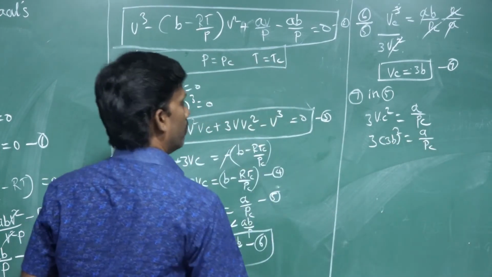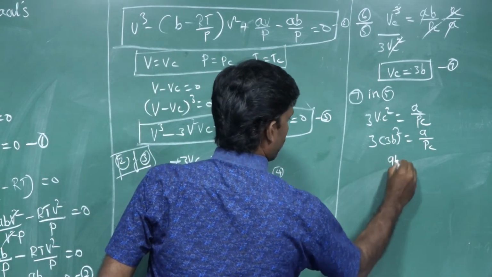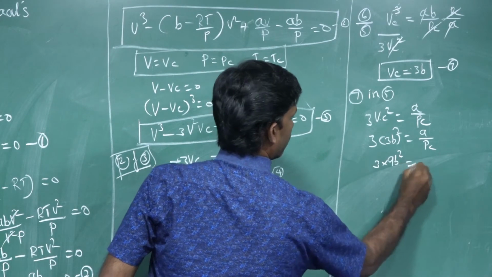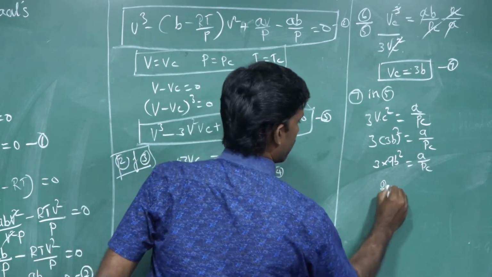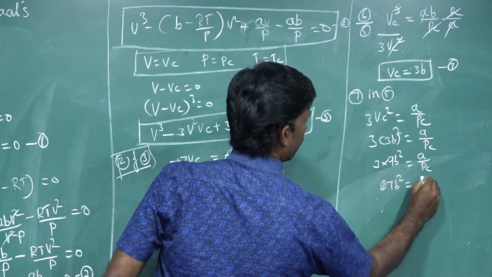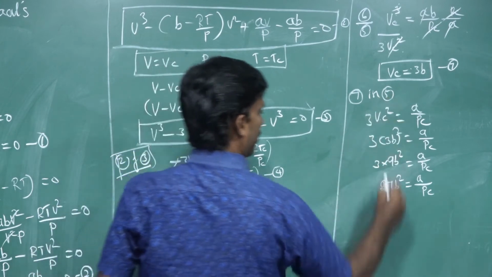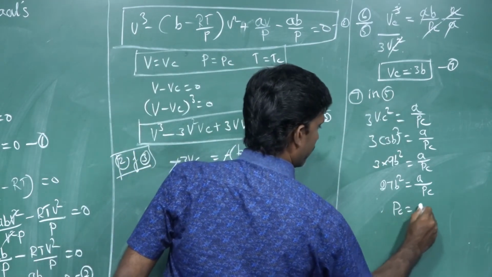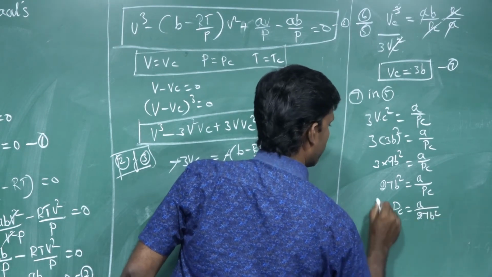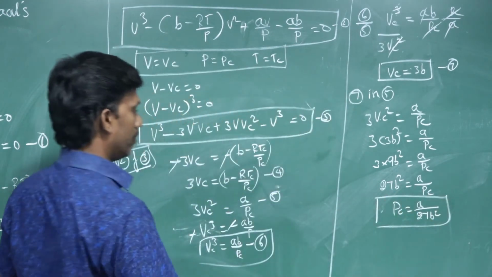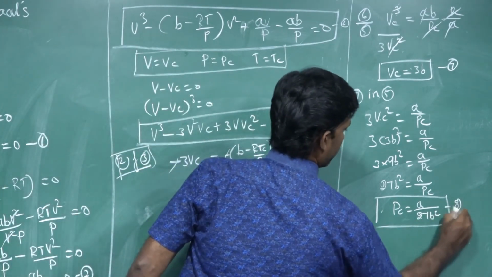Now, 9B squared into 3, 27B squared equal to A by PC. What is required? PC is needed. So PC equal to A by 27B squared. Now you got equation number 8.